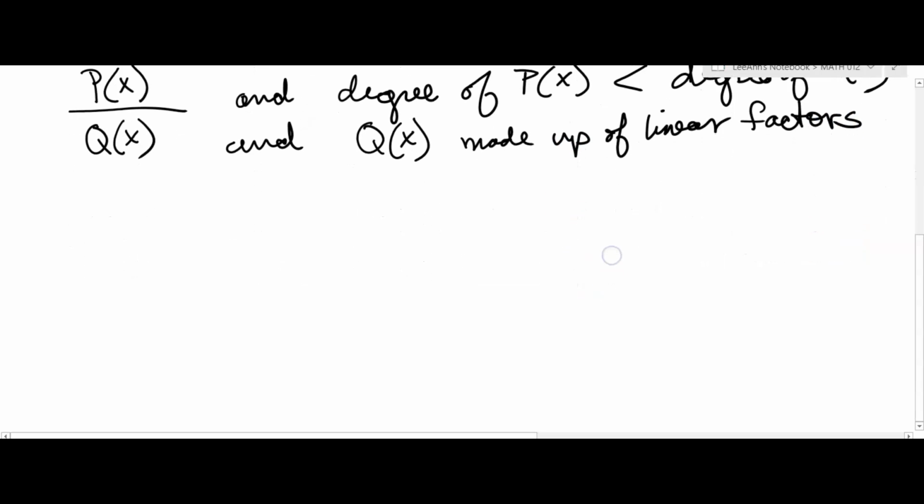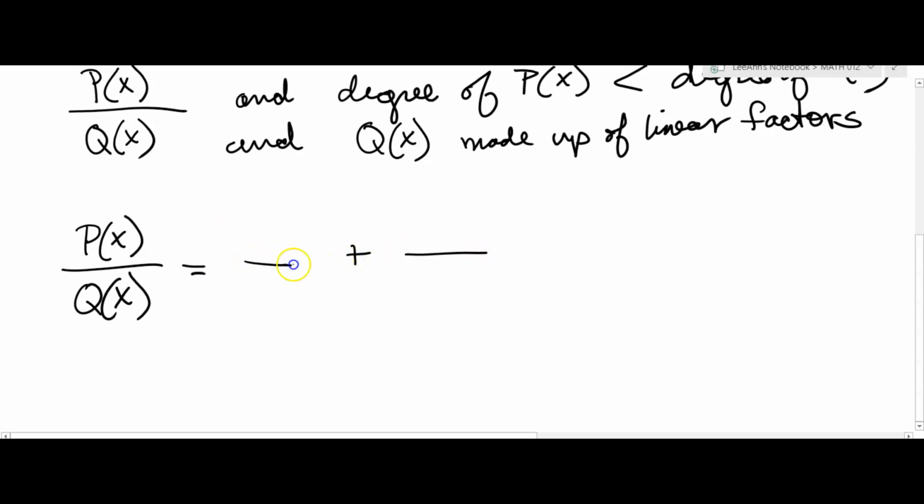So it's a little hard to read sometimes, but all right. Say you have p of x over q of x, you have this situation, just like I had described above, and we're going to say that can be split up into these different rational expressions, and we don't know how many there are. Depends on how many linear factors you have.